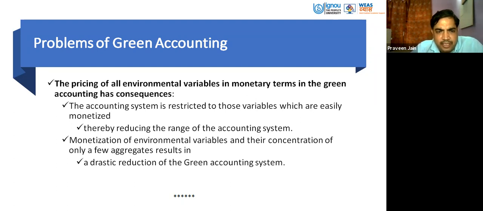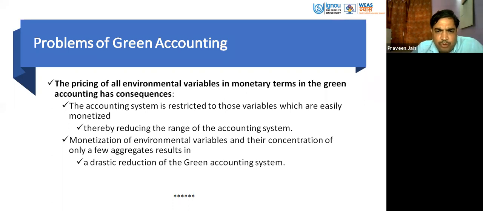That is why we are reducing the range of accounting systems. All goods and services provided by the environment or ecosystem cannot be included, because we are not able to do the proper valuation. We are not able to value some of the variables which are an important part, and which provide services to us.